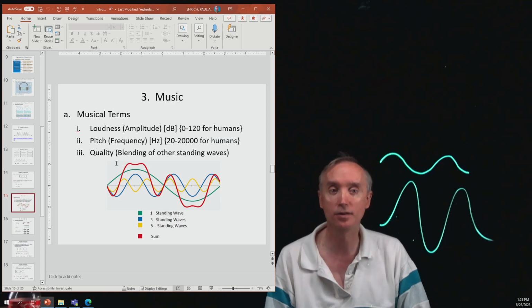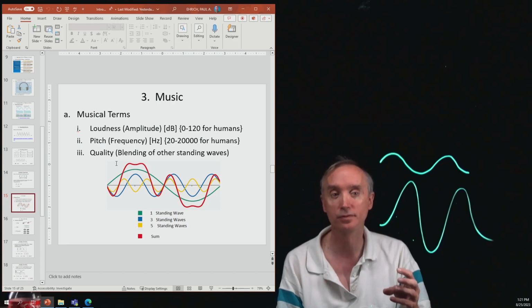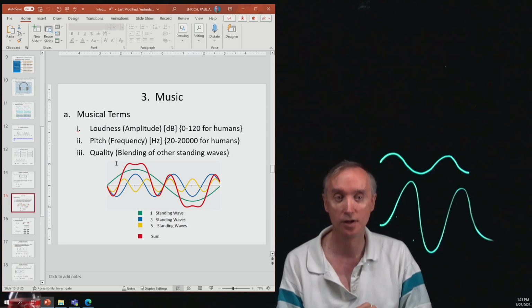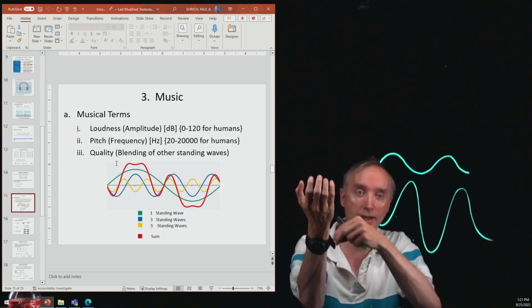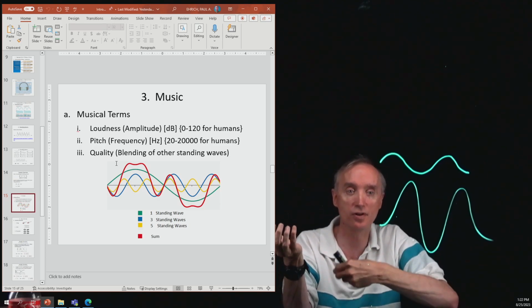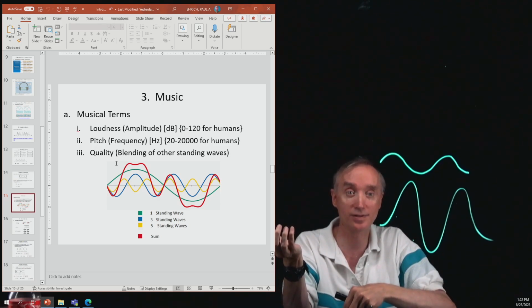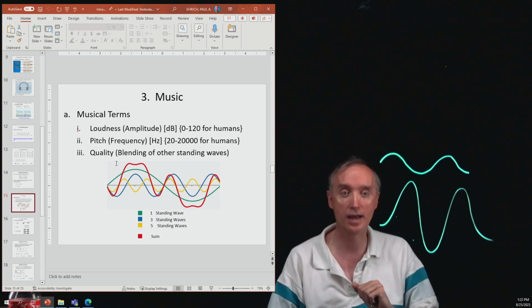Depending on the musical instrument, it's going to be producing different amounts of different frequencies. This is the reason why on a violin you can play a C, but you can also strum a guitar at a C, and you could also play a trumpet at a C. But they all sound different.